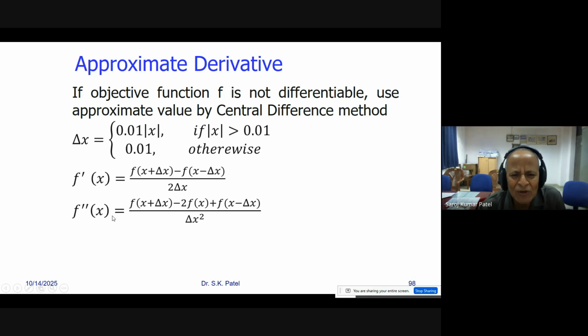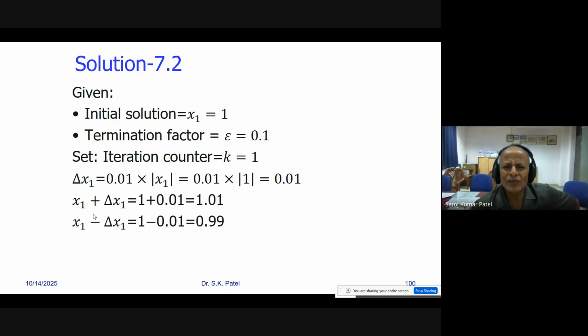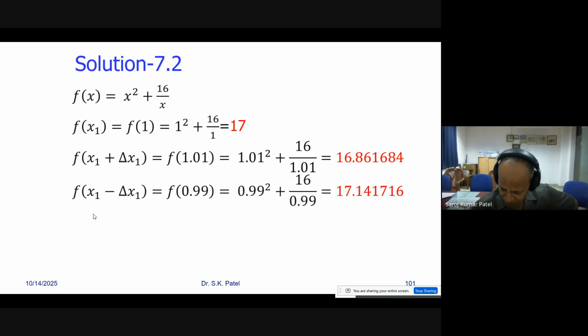And the second derivative will be by this formula. Bottom will be delta x square and this one will be the numerator. So when we are not able to differentiate, use this expression to find out the first and second derivative. Then use the Newton-Raphson method and get the result. So this is the same example.